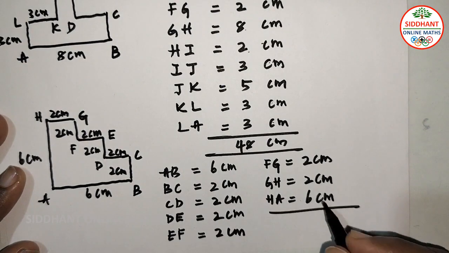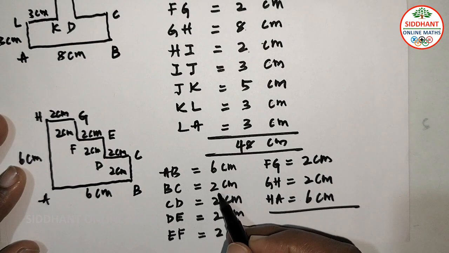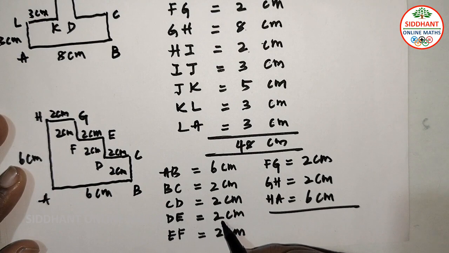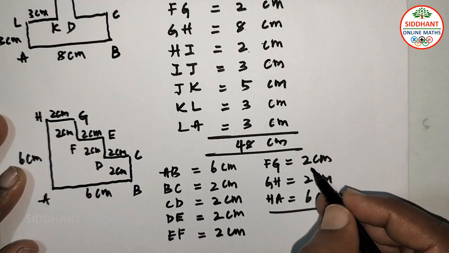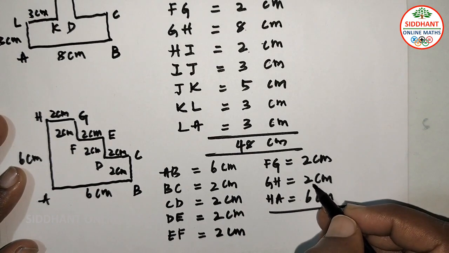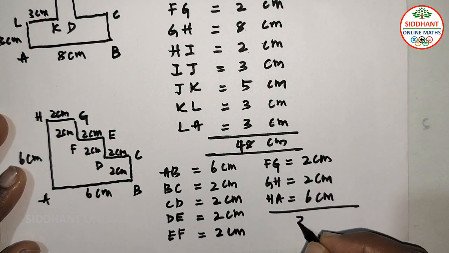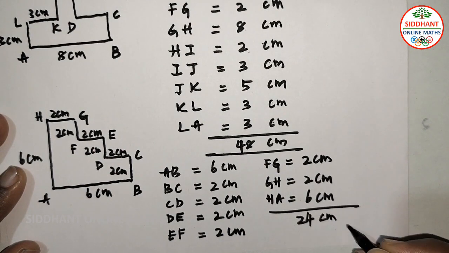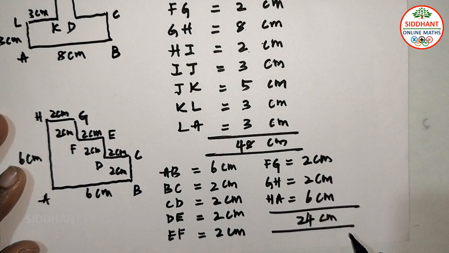All this we are going to add: 6, 8, 10, 12, 14, 16, 18, 24. 24 centimeters is the perimeter of this shape.